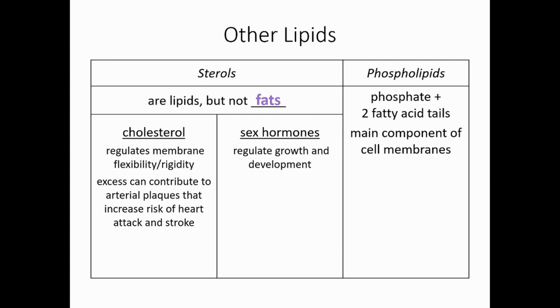This is what's going to make up your cell membranes for the most part, and it's that dual nature of the phospholipid, one part hydrophilic, one part hydrophobic, that allows it to be that membrane that can help control what comes in and what goes out of the cell. We'll talk more about that in a later chapter.